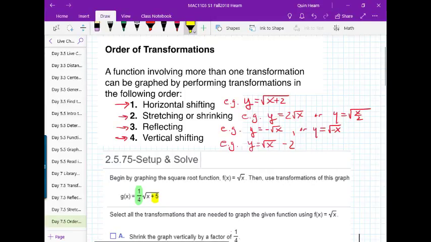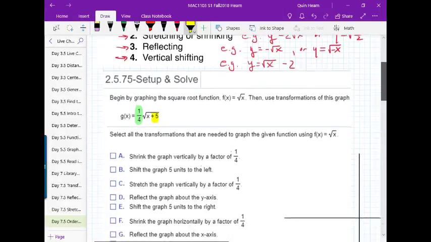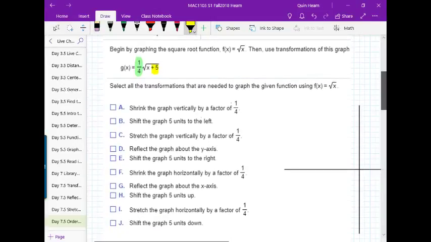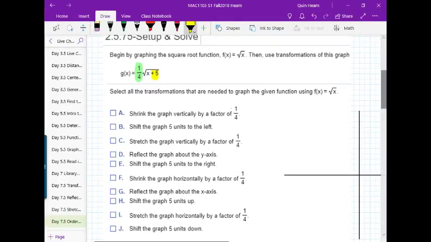All right, so the first thing you need to do is to identify what types of transformations these are. So in MyMathLab, it's going to give you a list, and you just select any and all from the list. So what is the 1/4 doing? When you decide that, you've got to think about, first of all, the fact that it's on the outside of the function means it's affecting the y value.